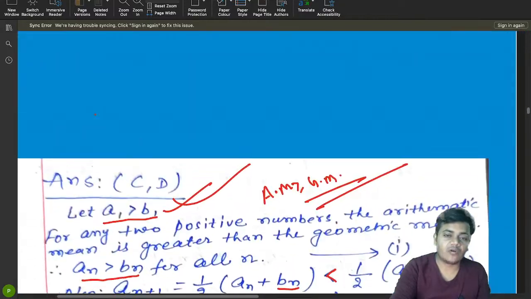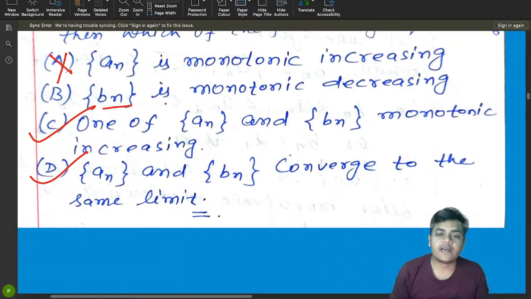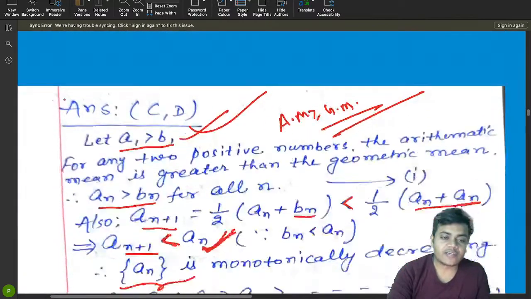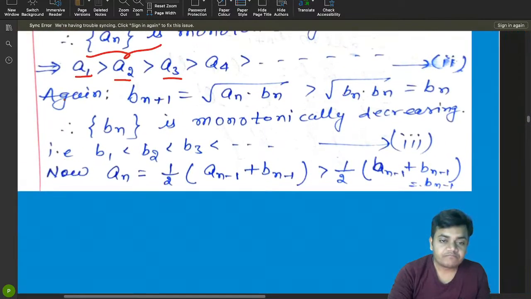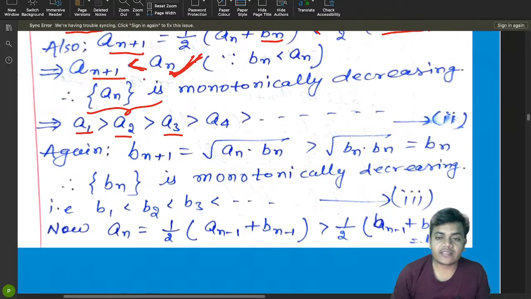Now let's see the sequence bn. bn is also monotonic, but we will see that bn is monotonically increasing. So this option B is also not true. So let's go for the second option. We can see that an is monotonically decreasing.